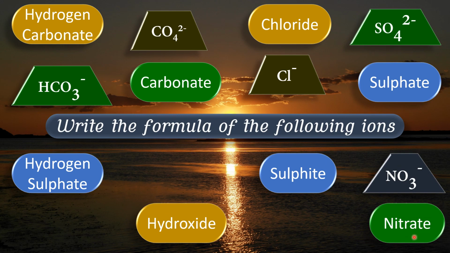A nitrate. A nitrate is NO3 minus. That one is a nitrate ion. A sulfite. Sulfite is SO3 2 minus.